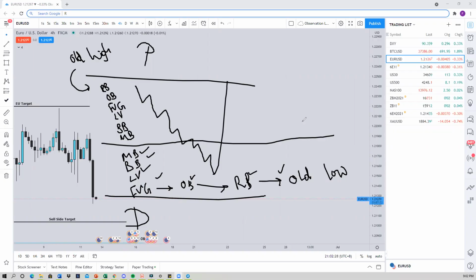Okay, then will you buy in premium in some special scenario? Or you never buy in premium? So when we look at buying in premium, I would never buy, let's say for Euro USD, if you're in premium, I would never buy for more than 10 pips.